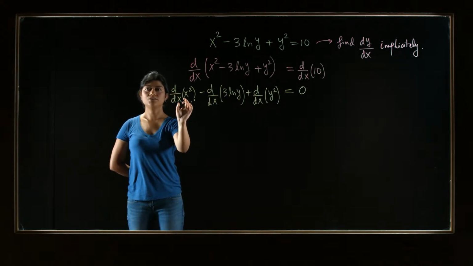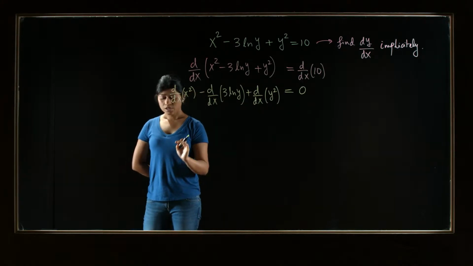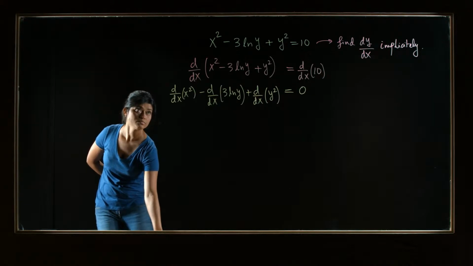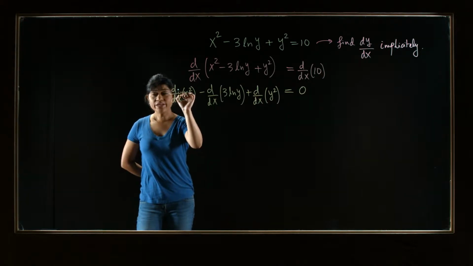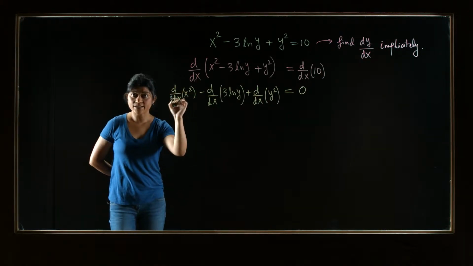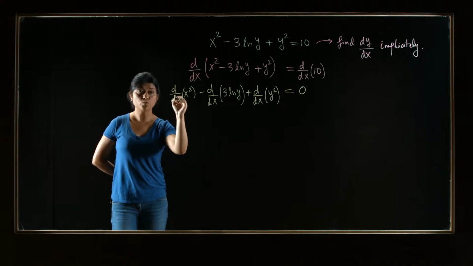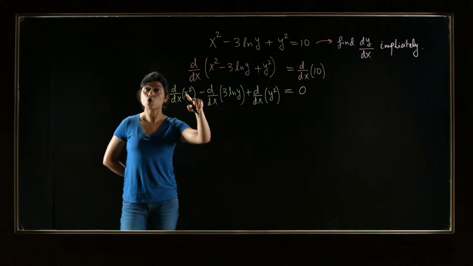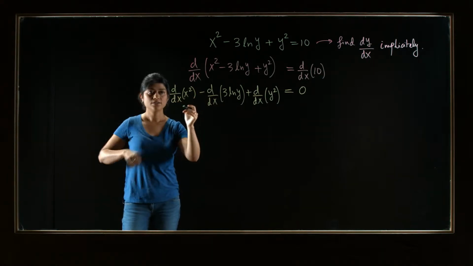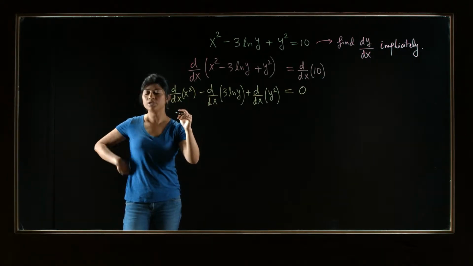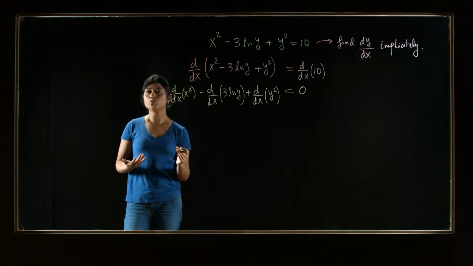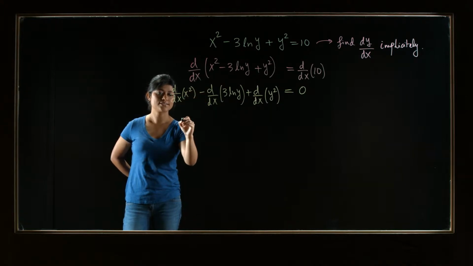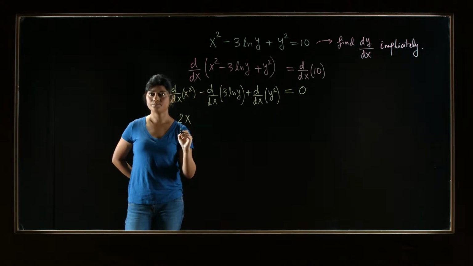What is the derivative of x square? Now you have to be very careful about the fact that we are taking d dx. So this is the derivative with respect to the variable x. And the function that we have is also x square. Since they are the same variable, you can just apply the rule of derivative, and in this case it is the power rule, to say that this derivative is just 2x. That's fine.